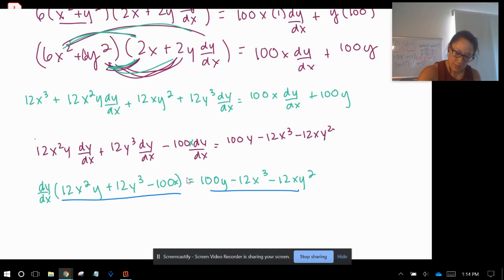So I'm just gonna divide by 12x squared y plus 12y cubed minus 100x.